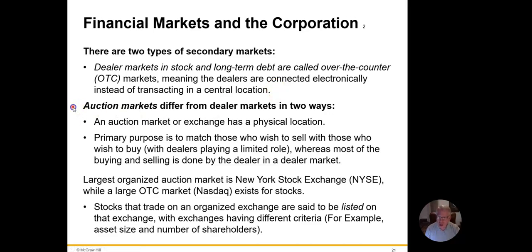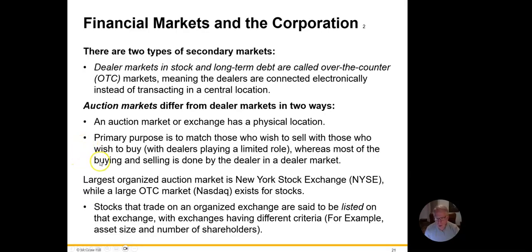Then we have auction markets, and they differ from dealer markets in 2 ways. An auction market has a physical location. The primary purpose is to match those who wish to sell with those who wish to buy, with dealers playing a limited role. Whereas most of the buying and selling is done by a dealer in a dealer market.